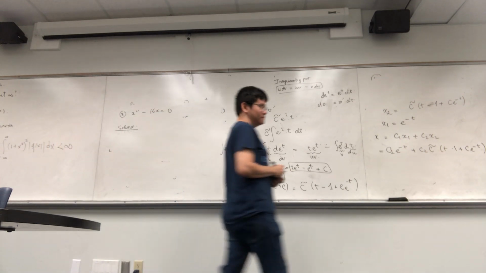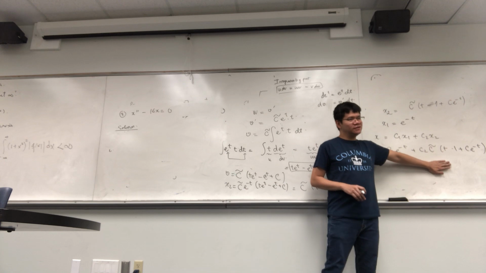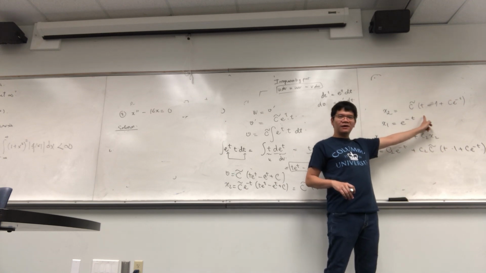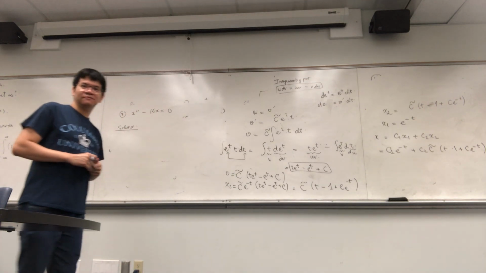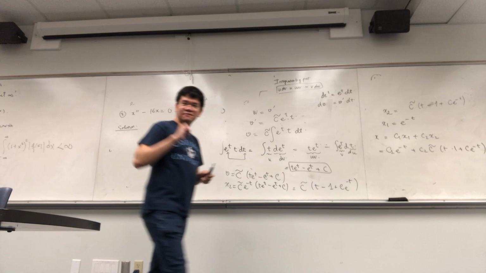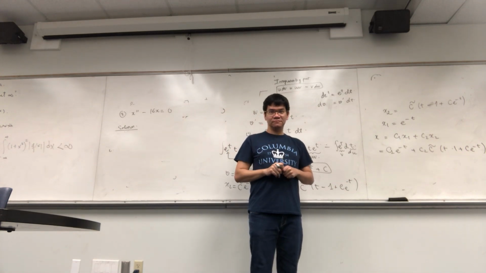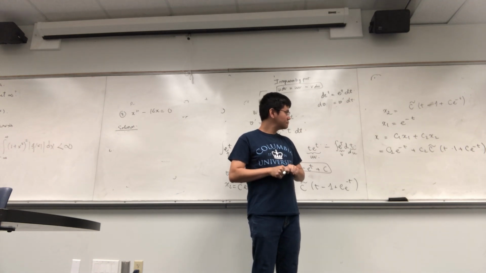Why? I can write the general solution in the form x2. How do I write it? Because we could combine the constants: multiplying c2 times c tilde by the term with e to the negative t, we can combine all the constants into one.